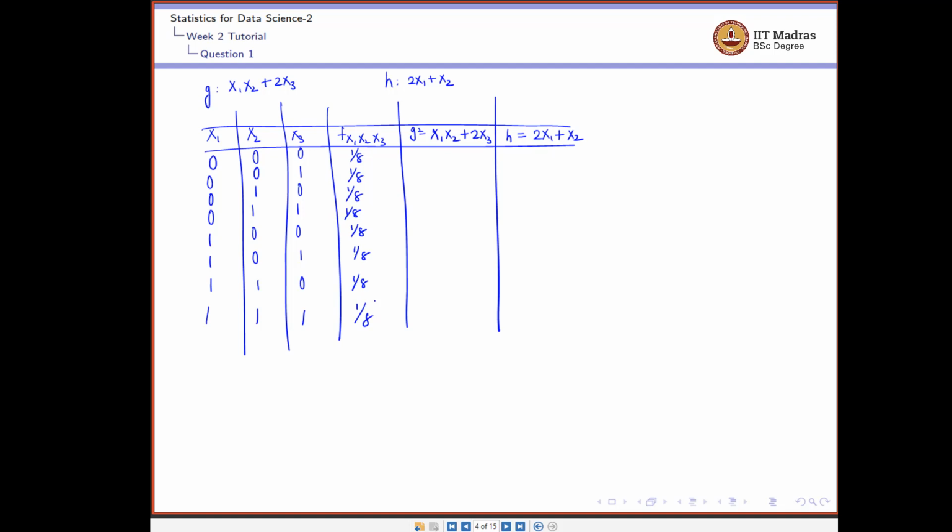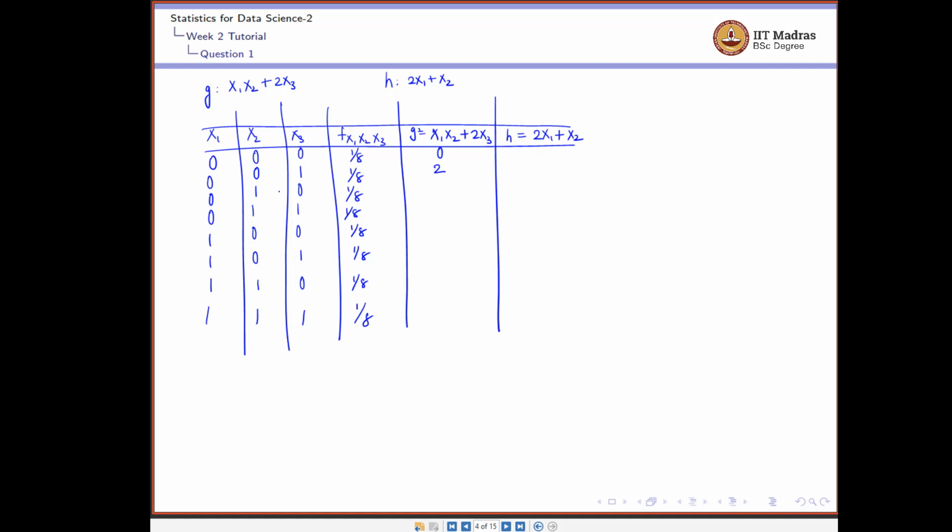Alright, so what is g? That is x1 x2 plus 2x3. So given x1 is taking value 0, x2 0 and x3 equals 0, g is going to take the value 0. For the second case, we have 2 times 1, that is 2.